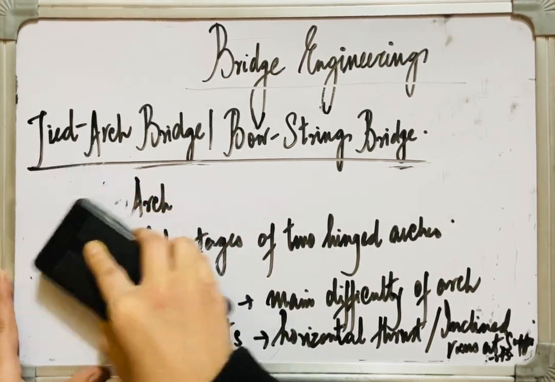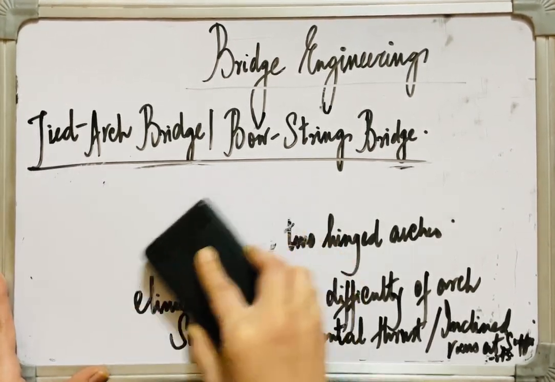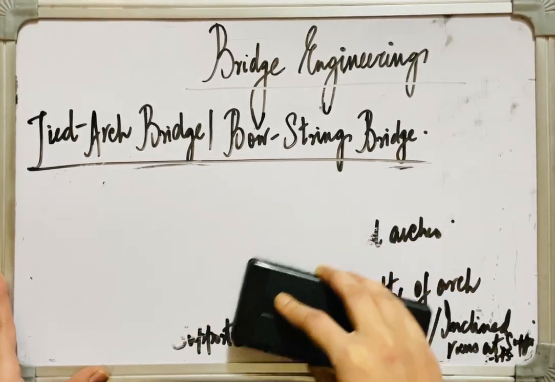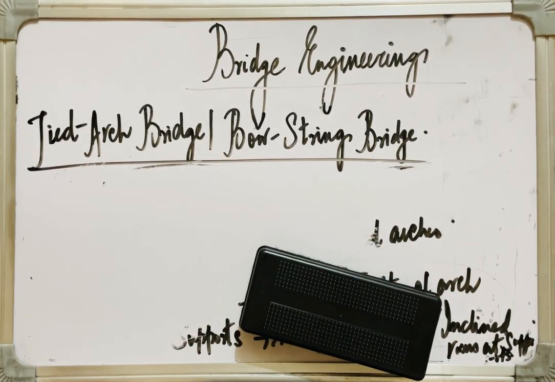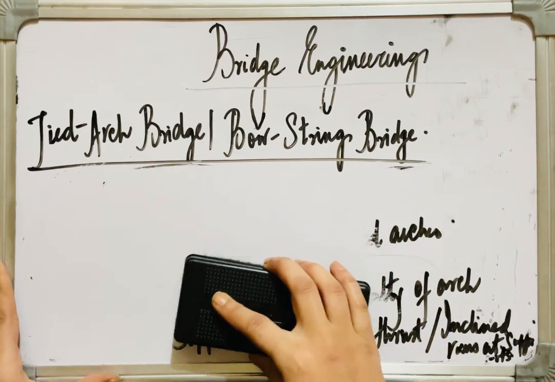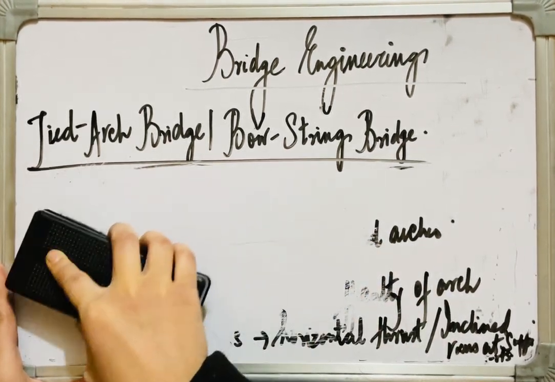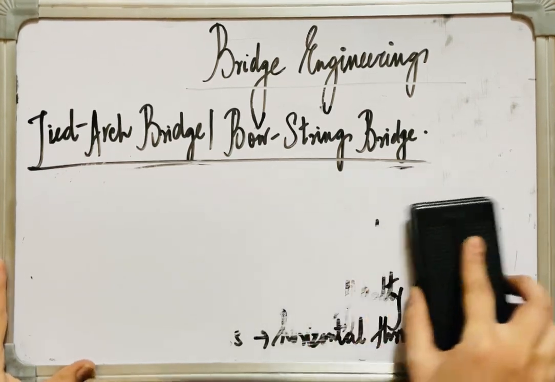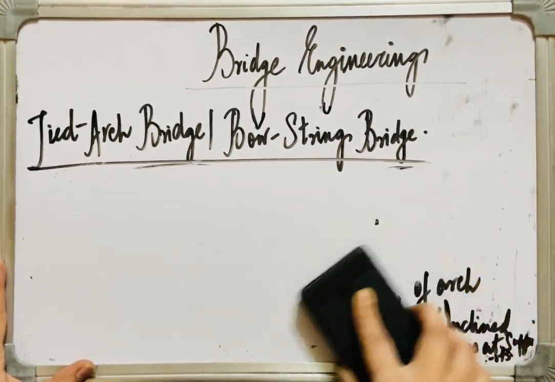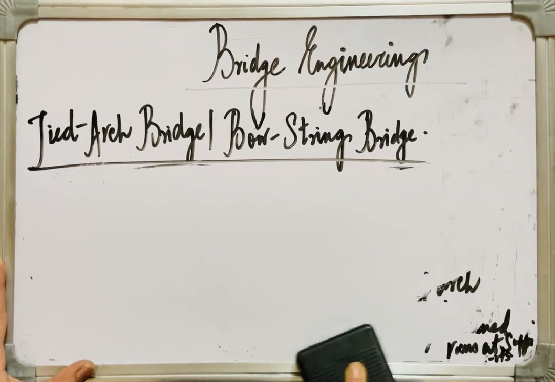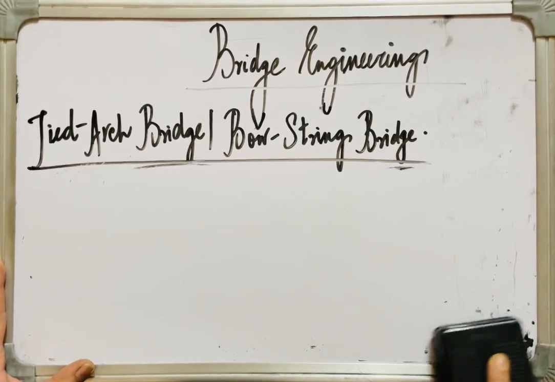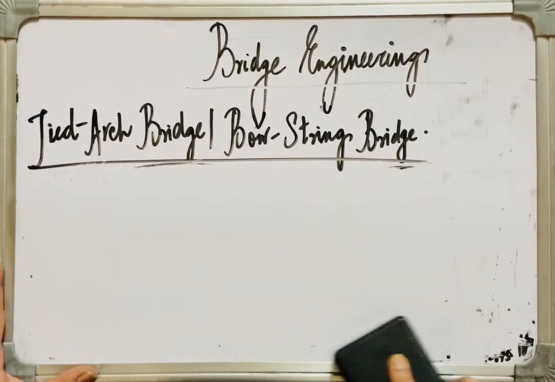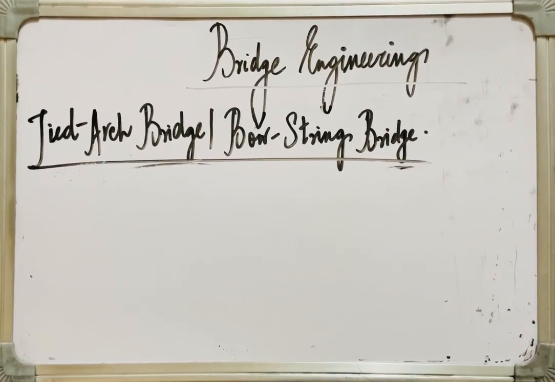Did you notice something? That this type of bridge is essentially a combination of two different bridge types, or rather it combines the characteristics of two different bridge types. Can you name them? So in the tied arch bridge, you saw that in the diagram. I'll make it once again for you, or I can show it here in the diagram.